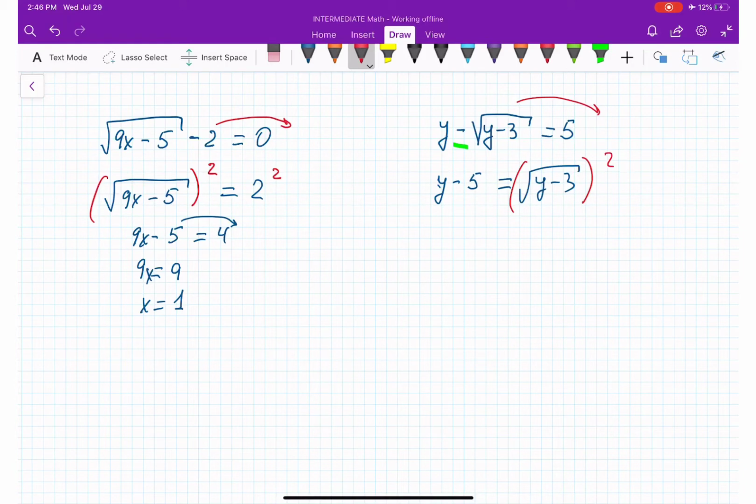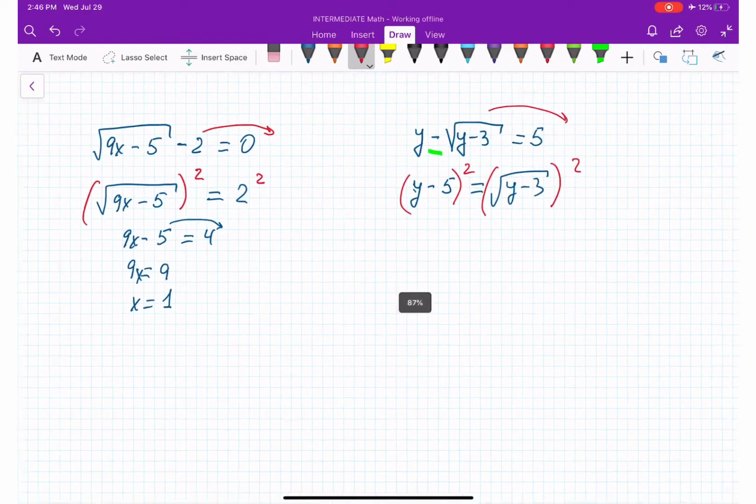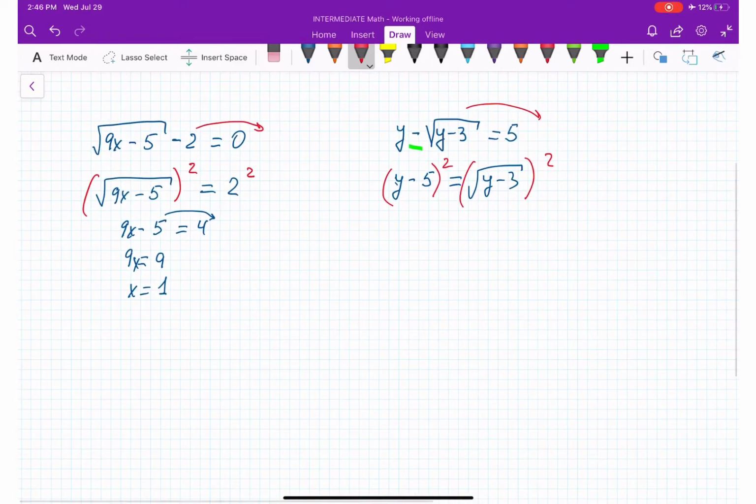Squaring here, you cannot square separately here and separately here. You don't have the right to do that because you have the expression y minus 5. You have to square this entire expression. Which means I'm going to use the perfect square formula. Whoever needs help with the perfect square formula, you can go back and find the video on factoring by using perfect square.